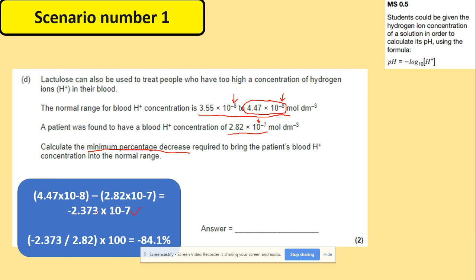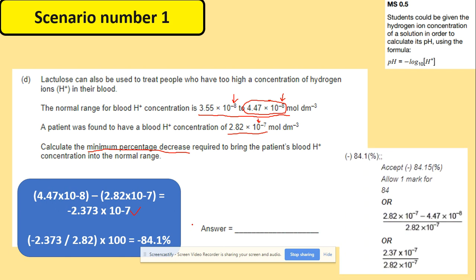So percentage decrease, okay, we would look at our change. So minus 2.373 divided by the patient's value, which is 2.82. In this situation here, I didn't write the standard forms to 10 to minus 7 because both of those are 10 to minus 7, so they're going to cancel each other anyway. And I multiply this by 100 to get the percentage, which gives me minus 84.1%.